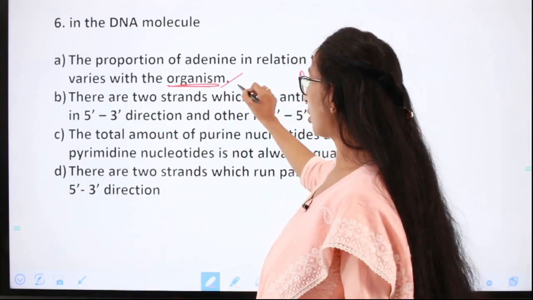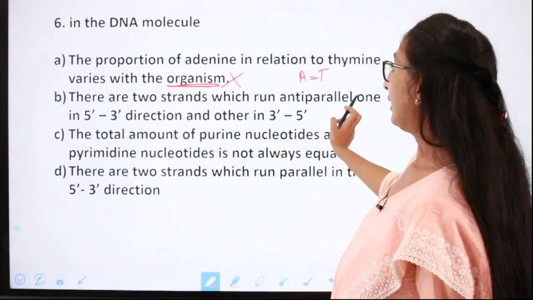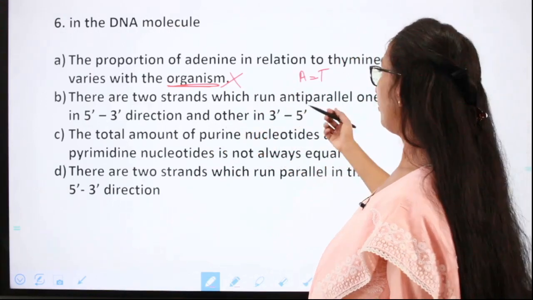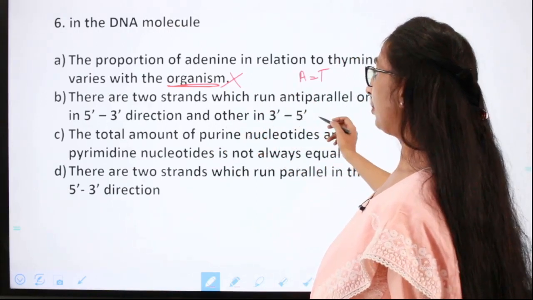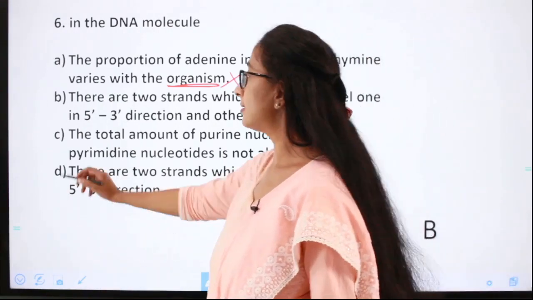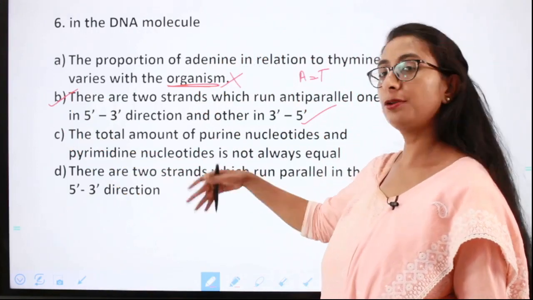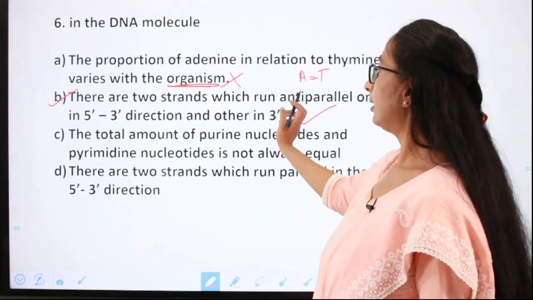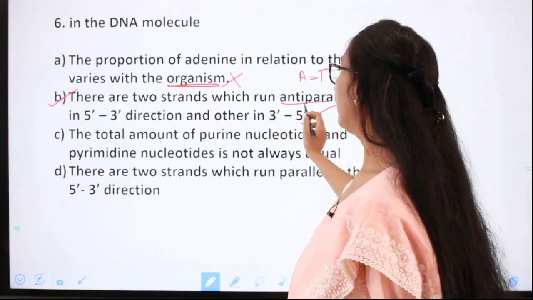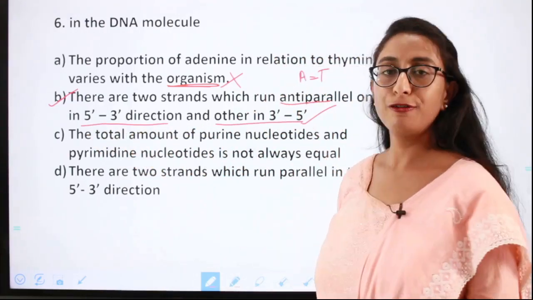So this is wrong. Then there are two strands which run antiparallel, one in 5' to 3' and the other one in 3' to 5'. That is correct. So this is the right answer option. You need not even go through the other two options because you know that the DNA strands are antiparallel. One runs in 5' to 3' direction and the other one runs in 3' to 5' direction.